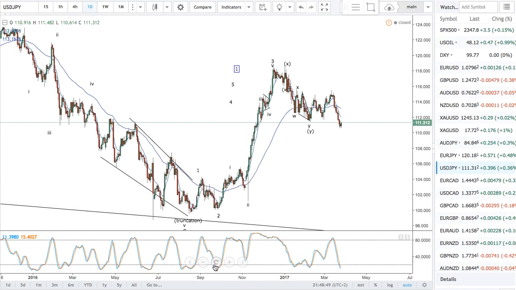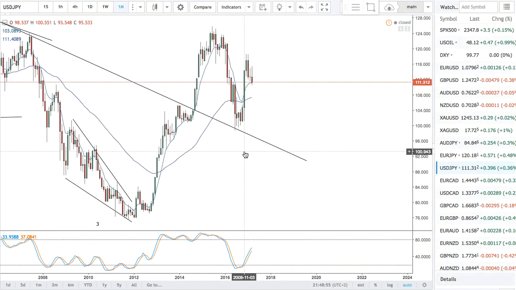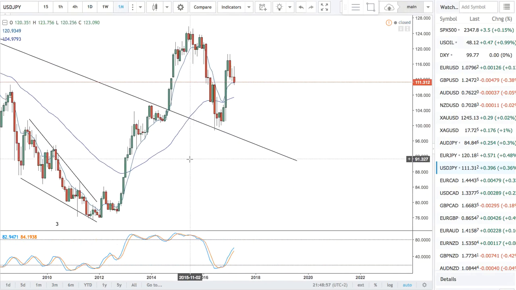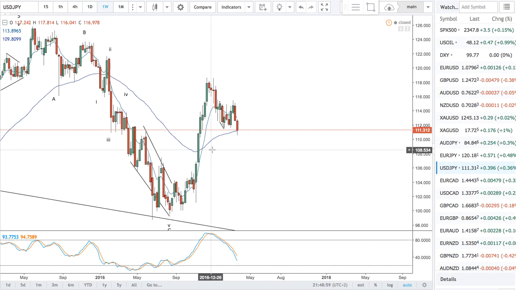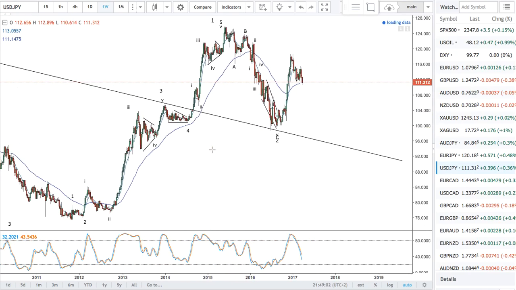Now there are a number of counts to put on this. The most important thing is to try to get a 5-wave move out of this, because looking on the monthly, the weekly, let me take it from the weekly. I would like to think that the low is in because we've had a 3-wave down move already.